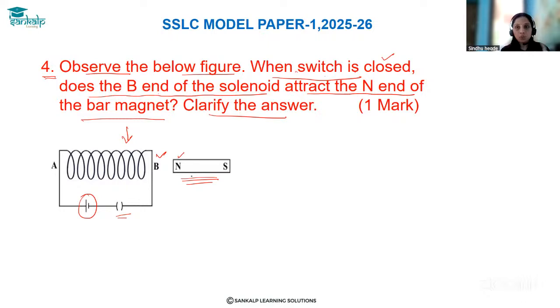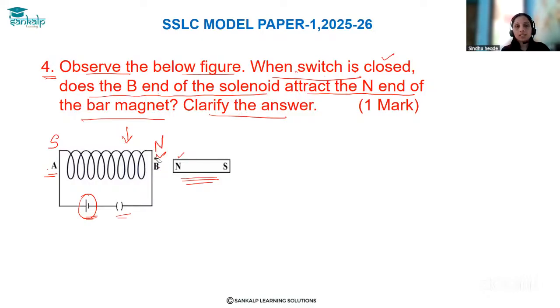We know that attraction takes place and repulsion takes place. Here, when the switch is closed, the current starts flowing in this circuit. So the current flows through the solenoid, and at that time it acts like a magnet. The A end of the solenoid acts as south pole and the B end acts as north pole.